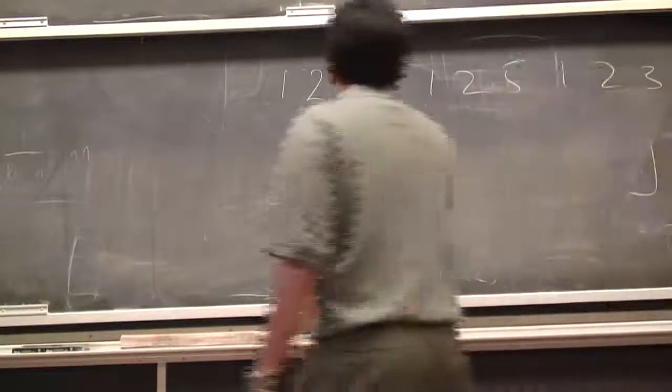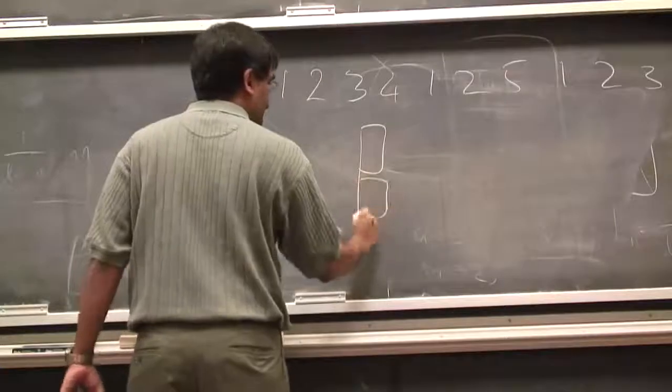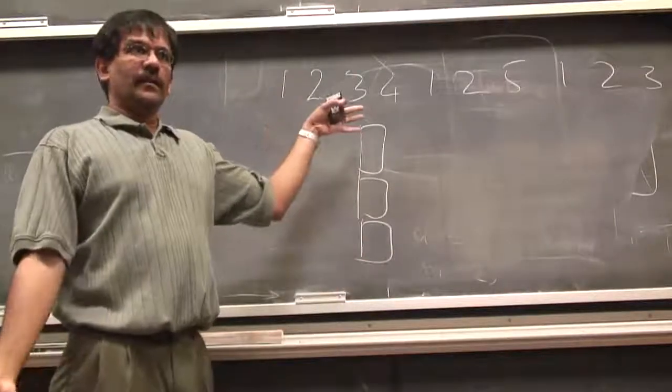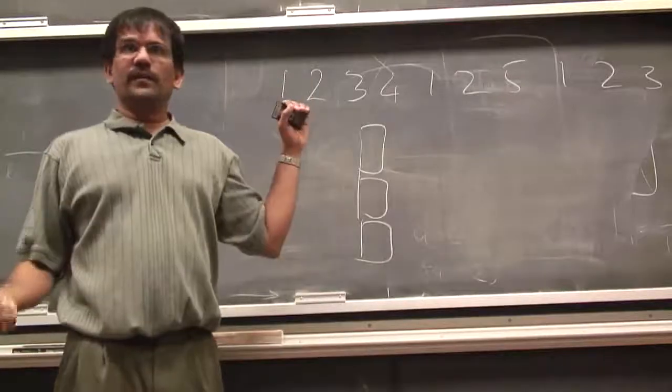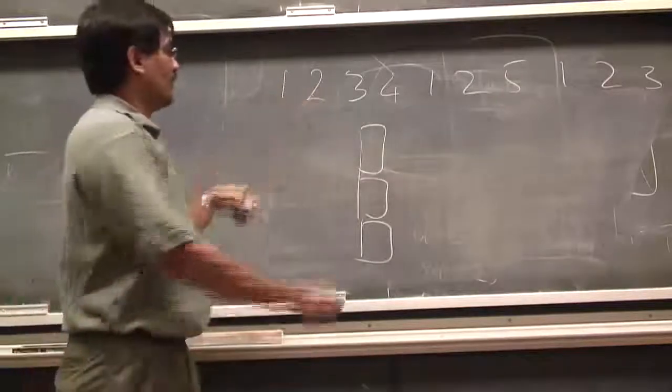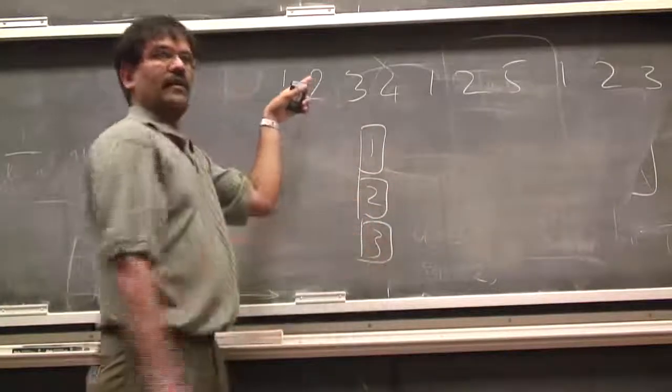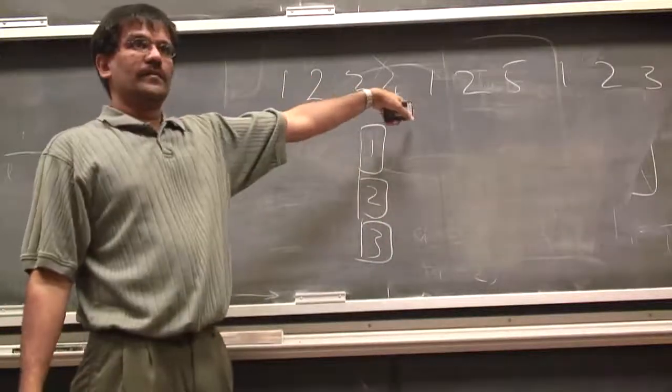The first one comes in, and the replacement algorithm is first in, first out. So the first one would be 1, the second would be 2, and the third would be 3, because they're all empty. And then 4 comes.